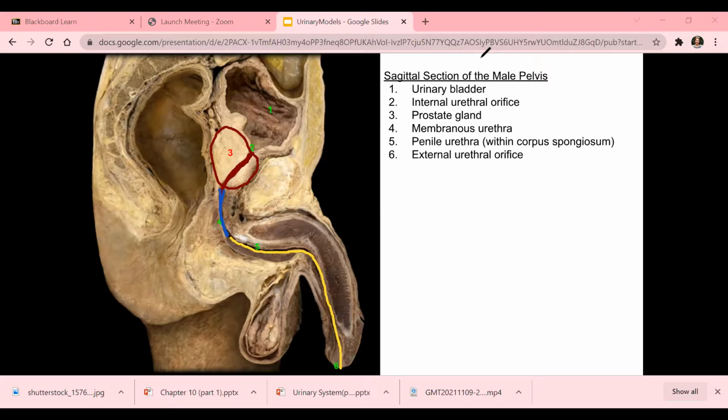And at the end of the urethra, you can see number 6, which is the external urethral orifice. We have 2 sphincters here. The internal urethral sphincter is located in this region, and the external urethral sphincter is here.